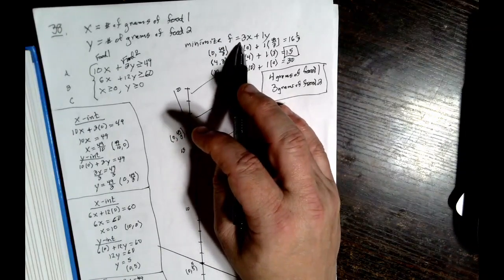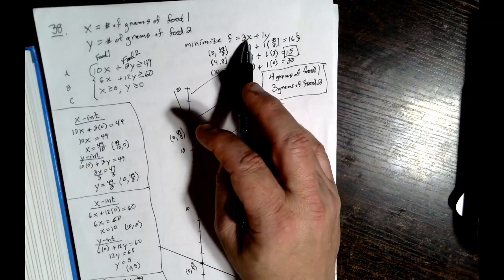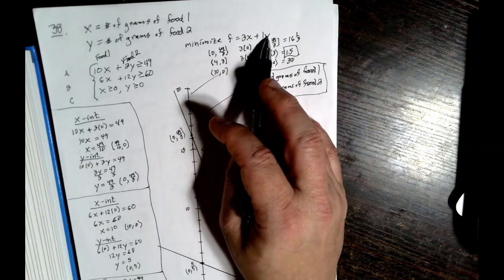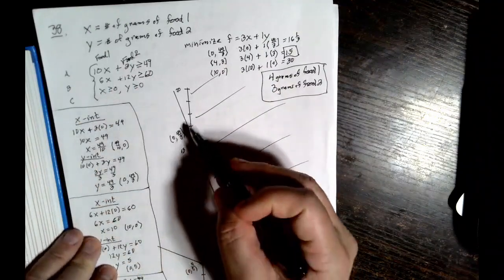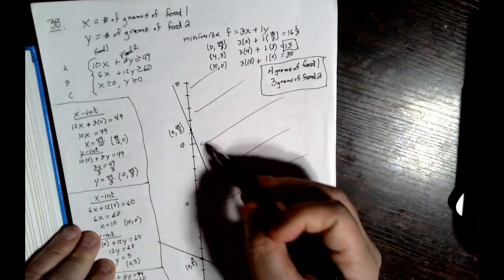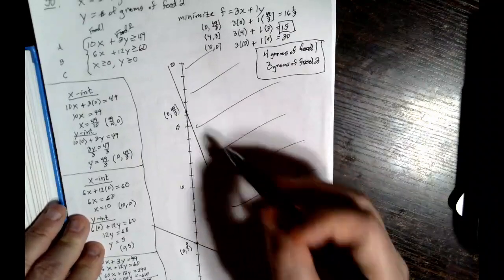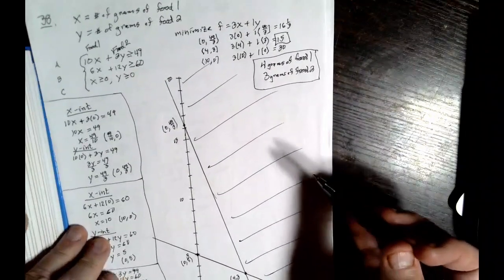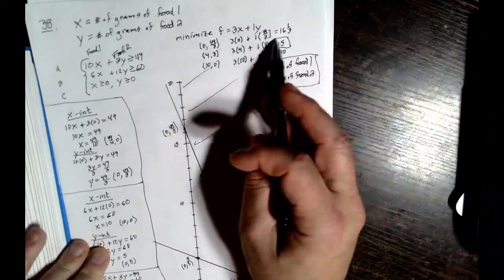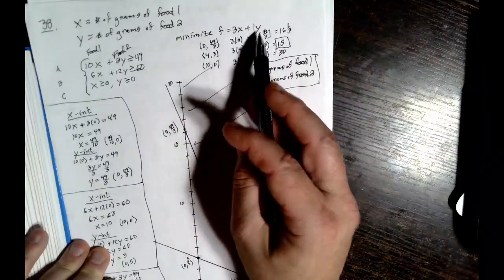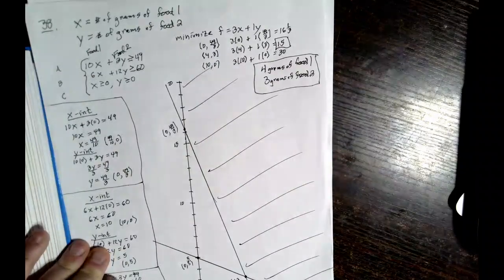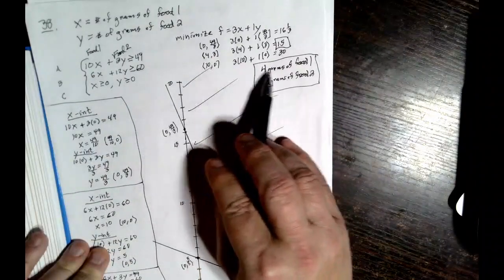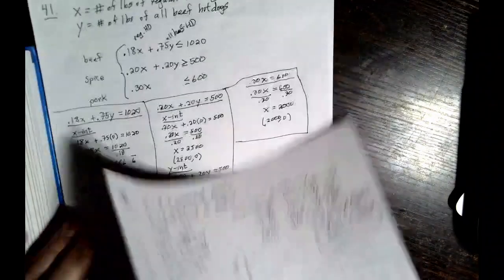So C has to be 3 units of food 1 and 1 unit of food 2. So you take these two guys, you graph them, shade the right region, you got points here. Okay, and then you plug those into the equation, and you pick the one that has the smallest, which is 15. So that means 4 grams of food 1, 3 grams of food 2.